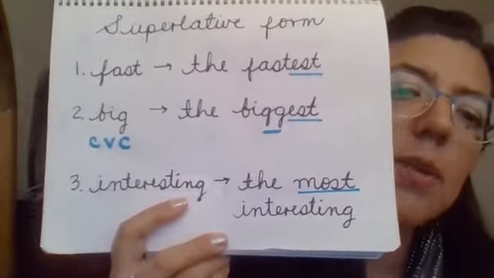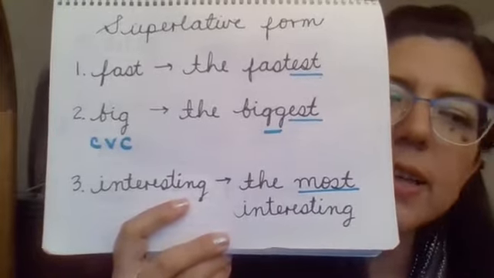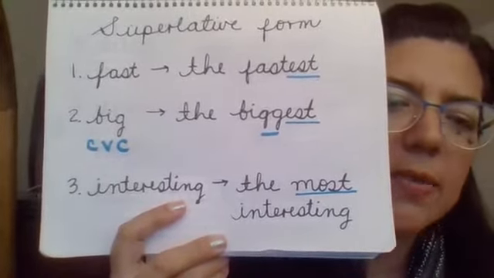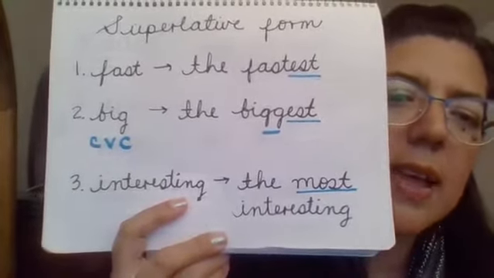The most and then the long adjective. Don't change the adjective. You don't have to change anything in the adjective, okay? Only add the most interesting, the most beautiful, the most important, the most expensive, okay? The most.